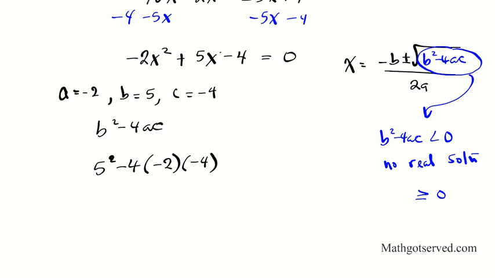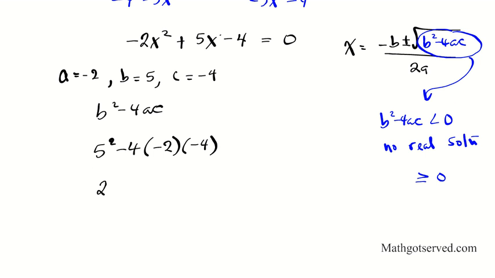That's 25, and 4 times 4 is 16, times 2 is 32. Minus times minus is a plus, times a minus is a minus, so minus 32, and that gives you negative 7. Negative 7 is less than 0, so there are no real solutions.